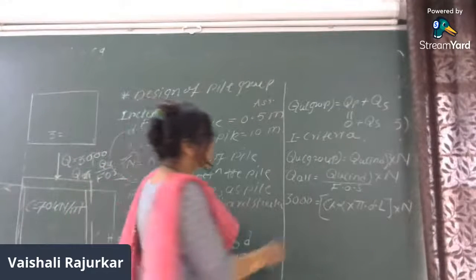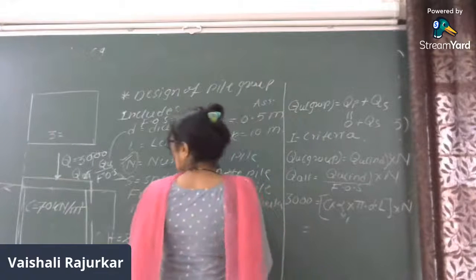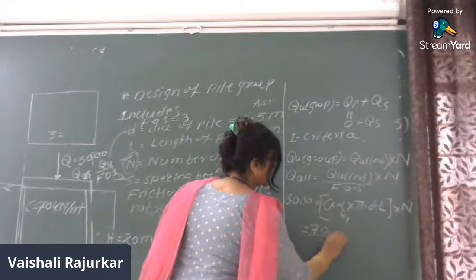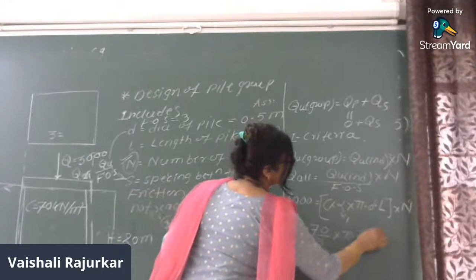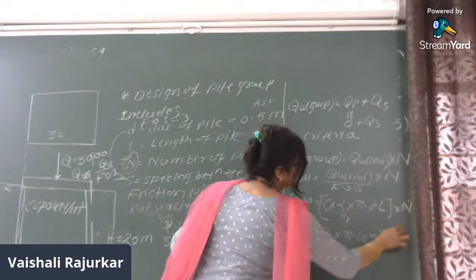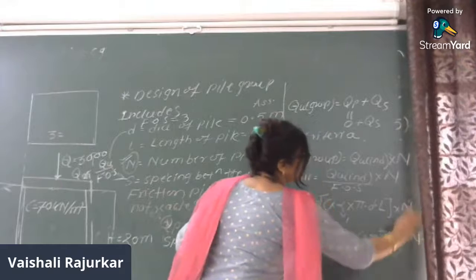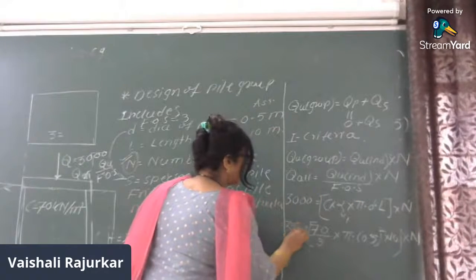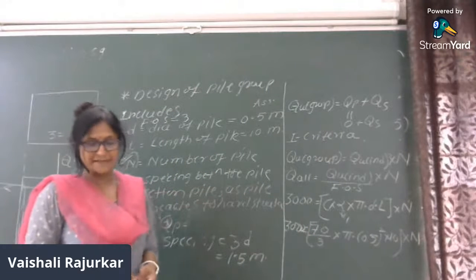Again, when we are considering alpha is unity, in such cases, it is 70 divided by 3 multiplied by pi into 0.5 square into 10. So this is the value which is considered as n, and here it will be equal to the 3000. Now the n value is found to be 16.